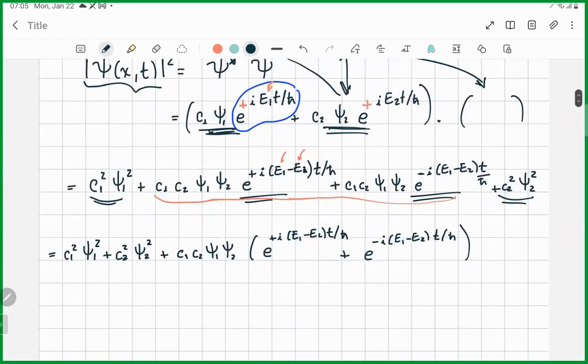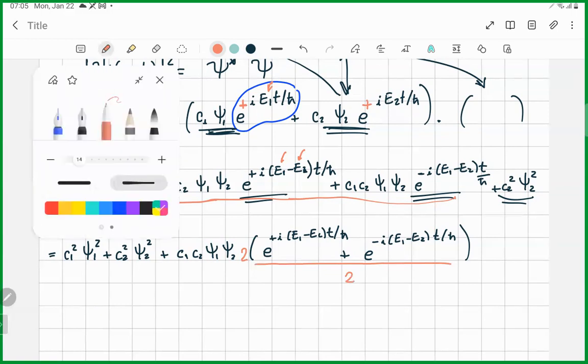Stare a little bit at this. Do you recognize a sum of two exponentials, where one is plus i and the other is minus i? Do you recognize what function this is? Let me make it even more evident by multiplying and dividing by 2.